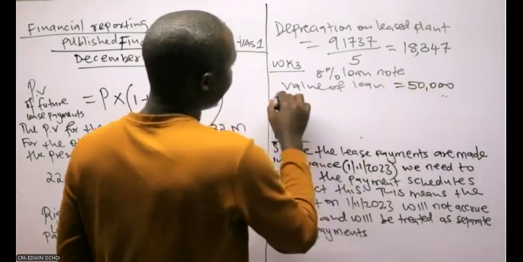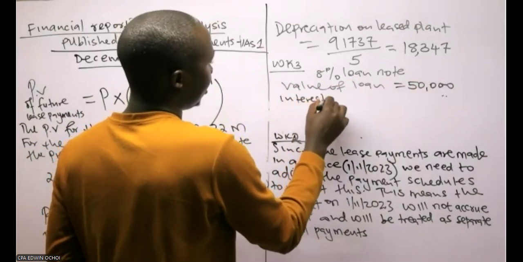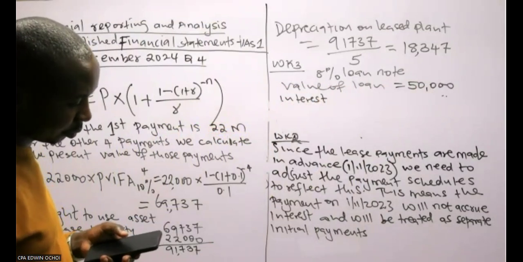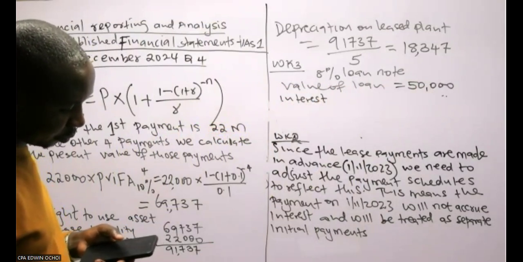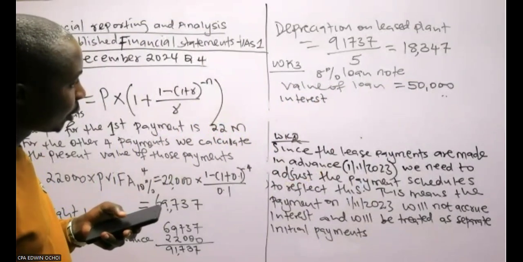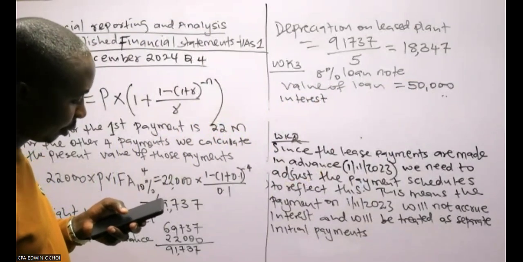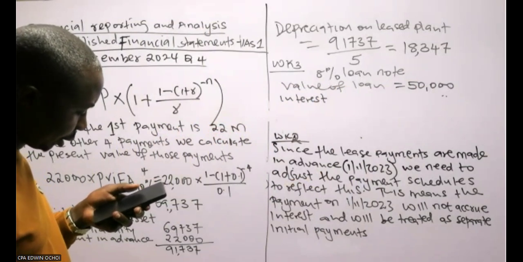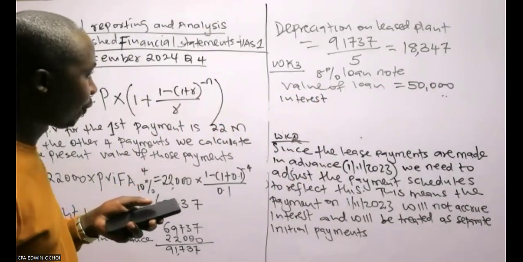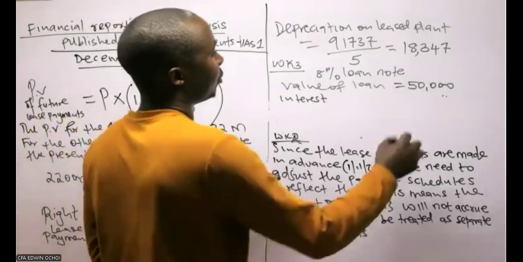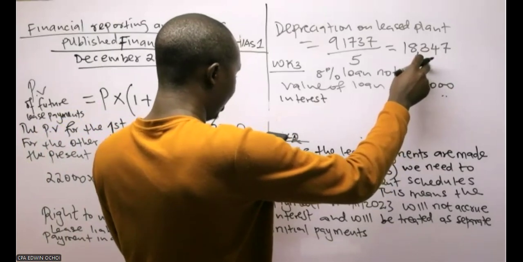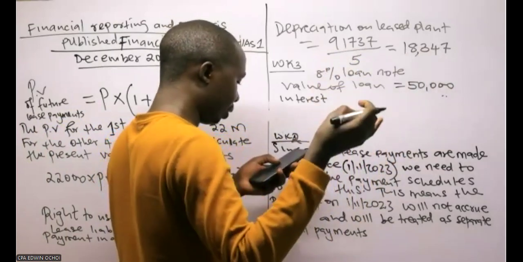So you need to know the interest. The interest is payable 6 months in arrears. But this loan was issued when? It was issued in January 2004. From January to the end of the year, those are how many months? 10.